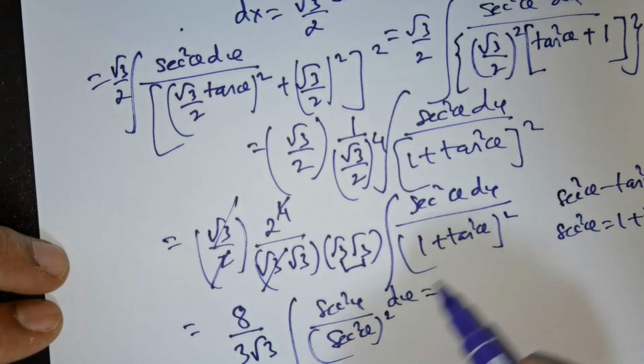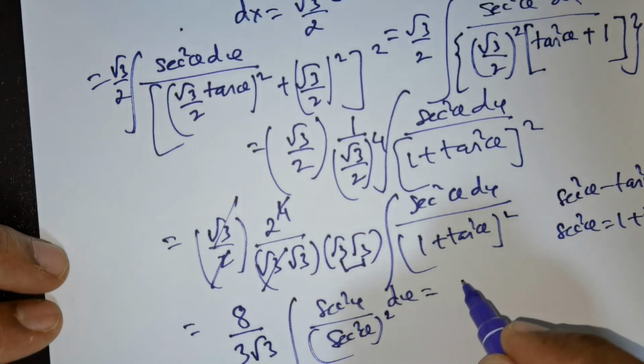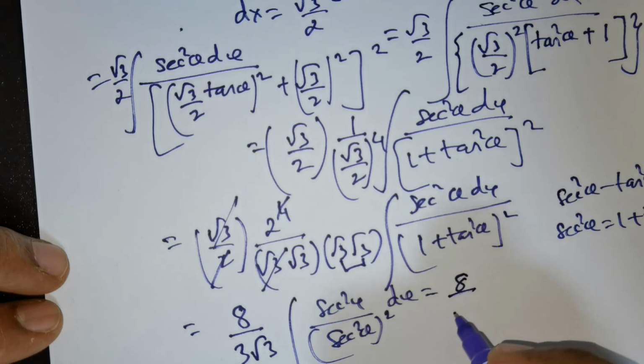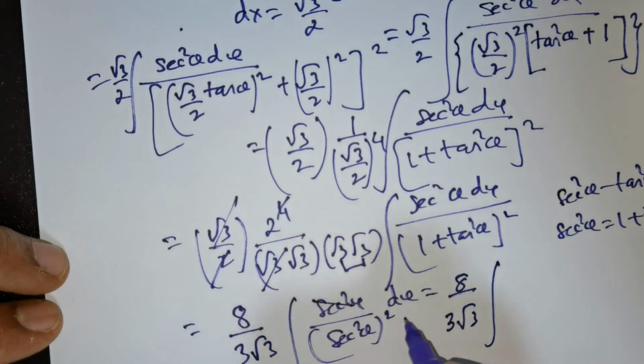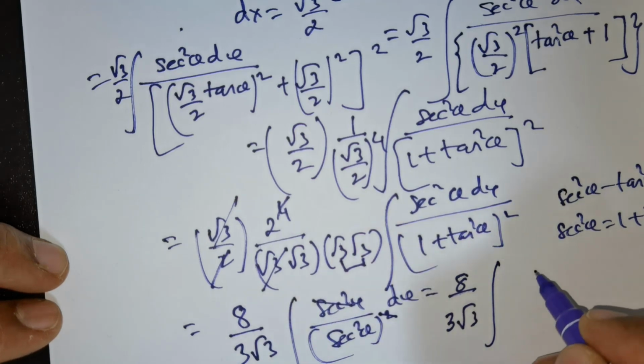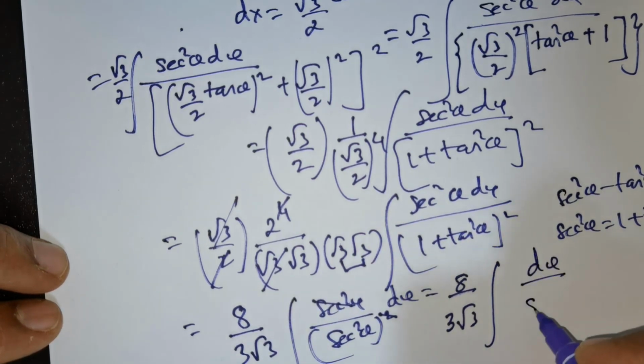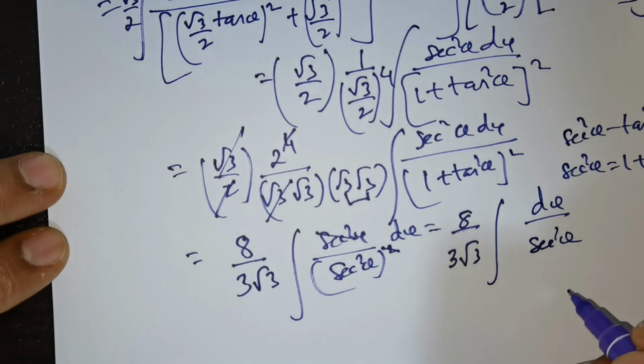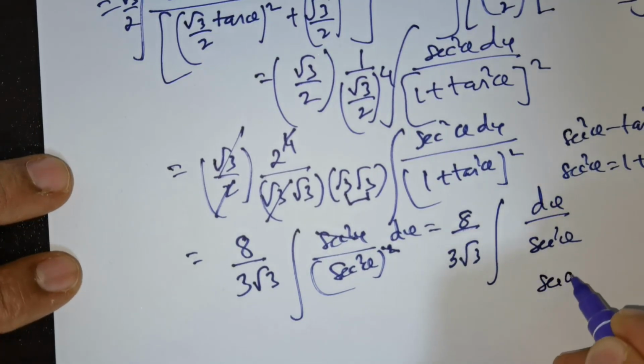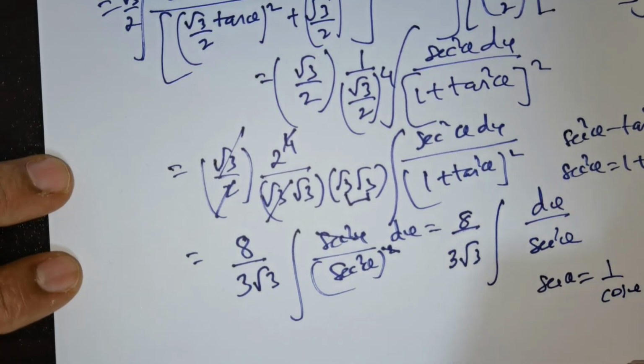So this is rewritten as 8 over 3 times root 3 times, I can cancel a secant square theta and secant square theta, giving me d theta divided by secant square theta, right? But we know that secant theta is equal to 1 over cos theta.